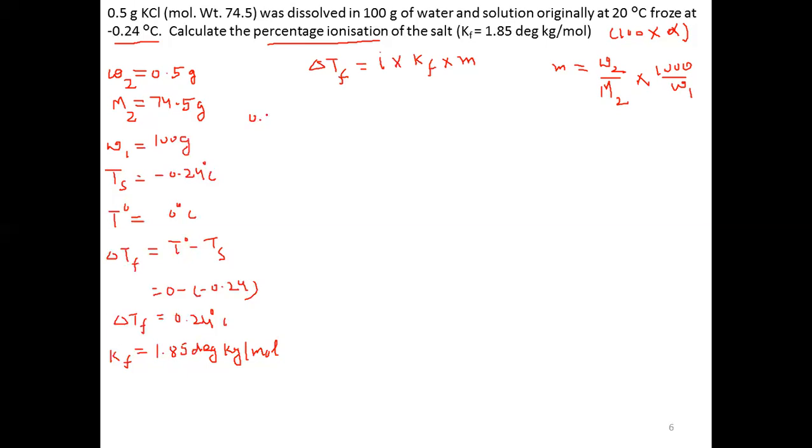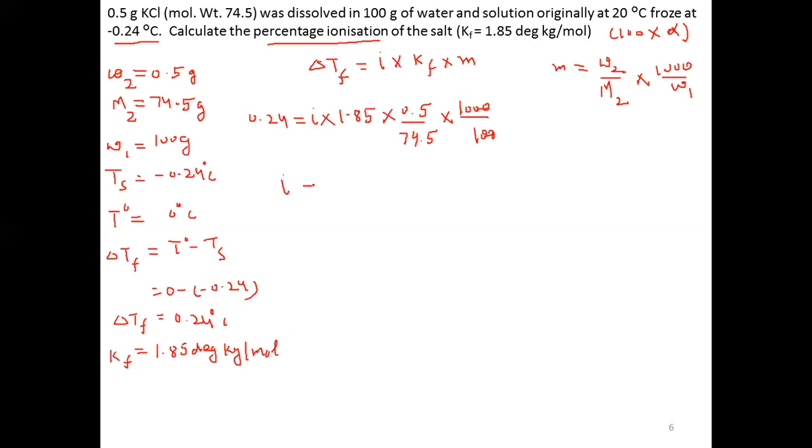So 0.24 is equal to iota into Kf is 1.85, into molality, W2 by M2. W2 is 0.5. Its molecular weight is 74.5, into 1000 divided by 100. So this gets cancelled. We have to calculate iota.